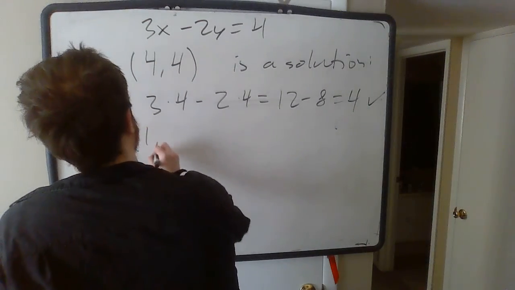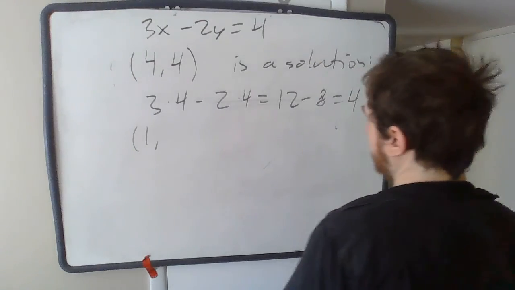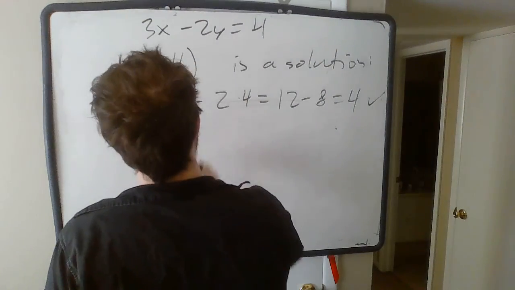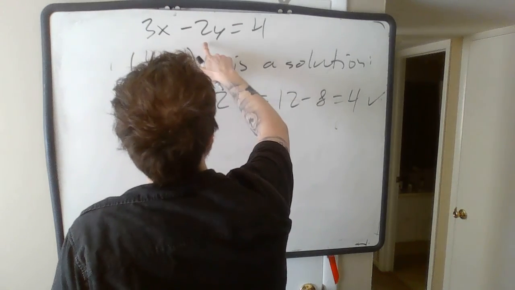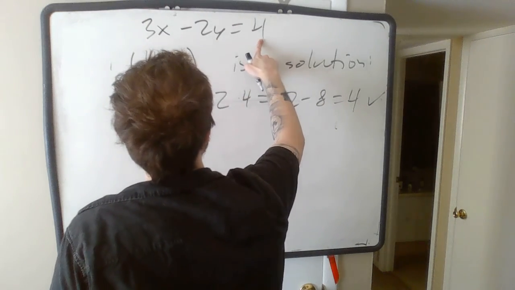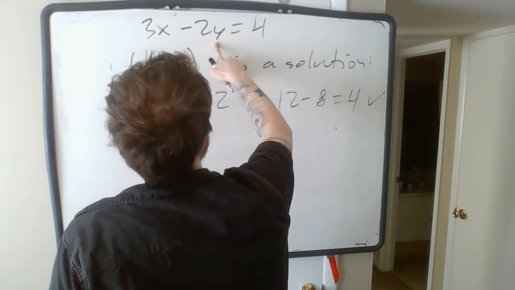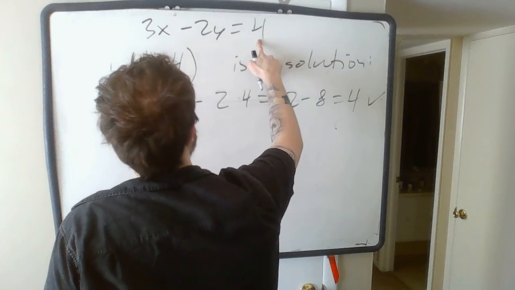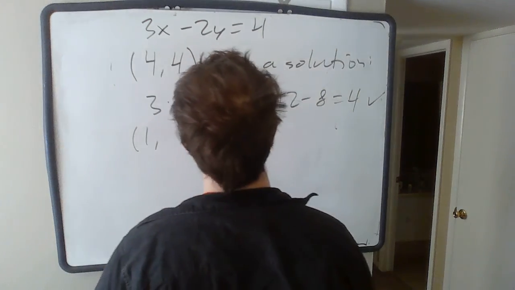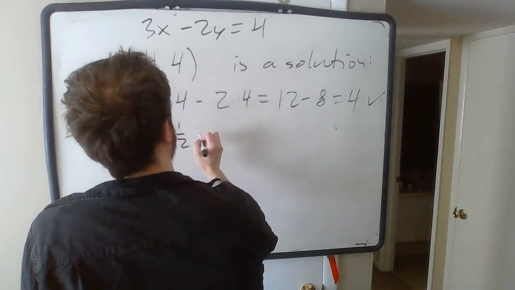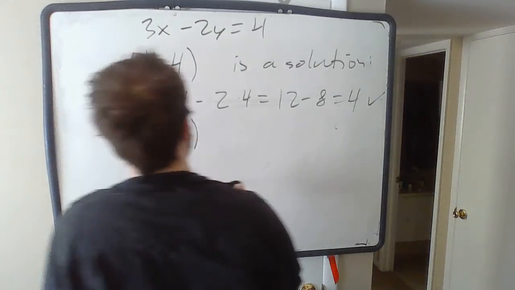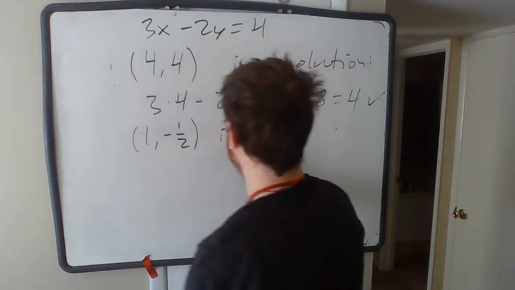The pair 1 and, let's see, what would we get here? We would have 3 times 1 minus 2y equals 4, so we would get negative 2y is equal to 1, and so we would get y equal to negative 1/2 is a solution.